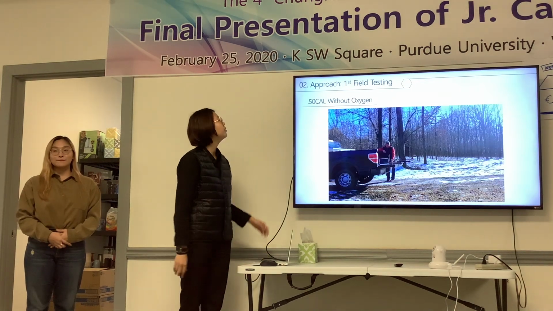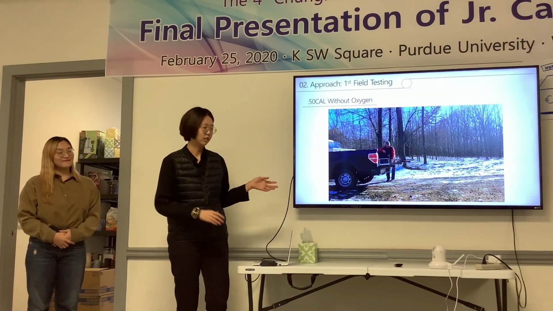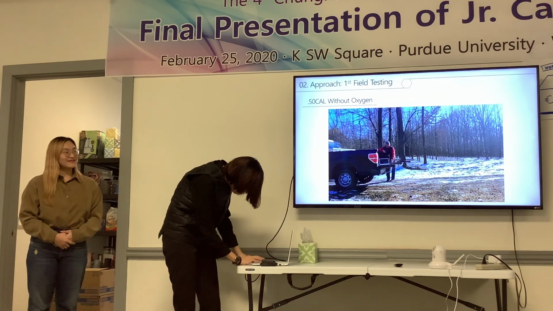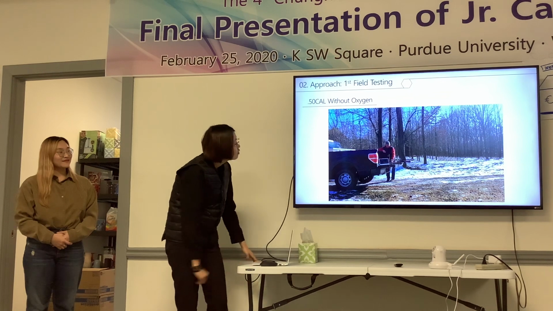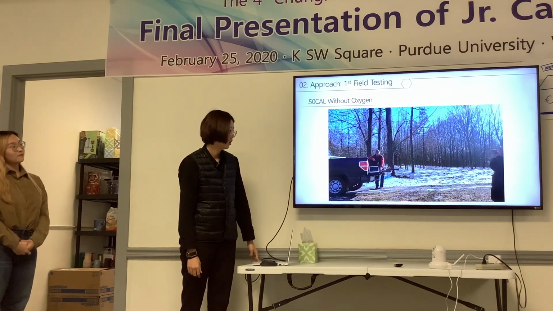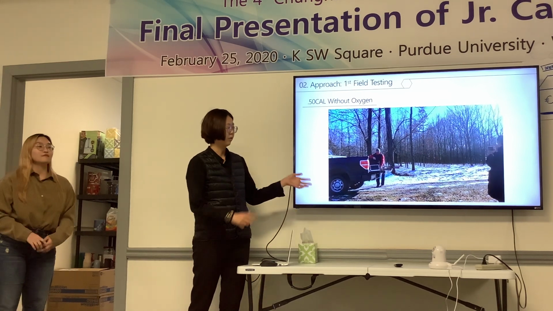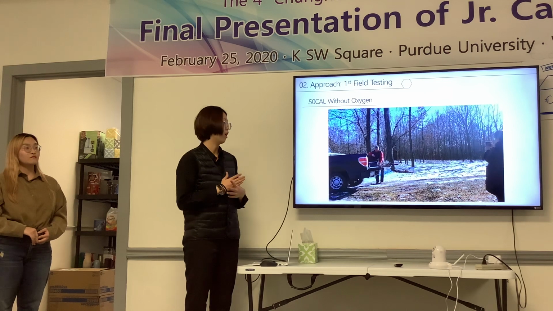So let me show you a video. This is the first field testing, a test without oxygen. As you can see, this is the abnormal firing because there is no oxygen.